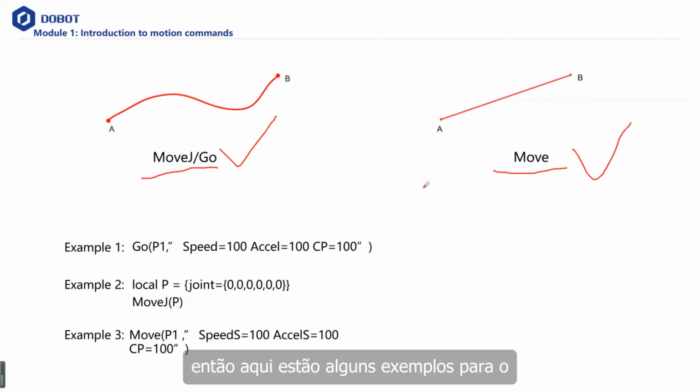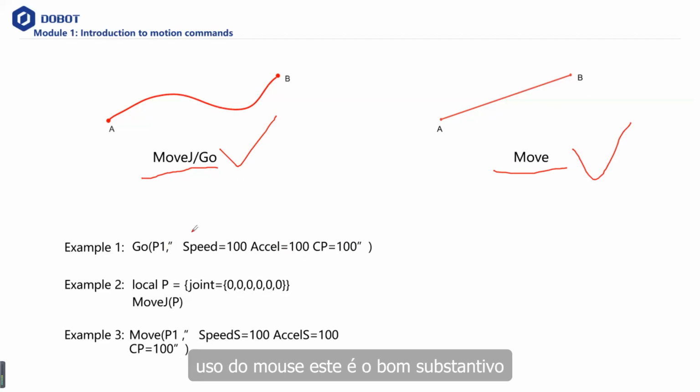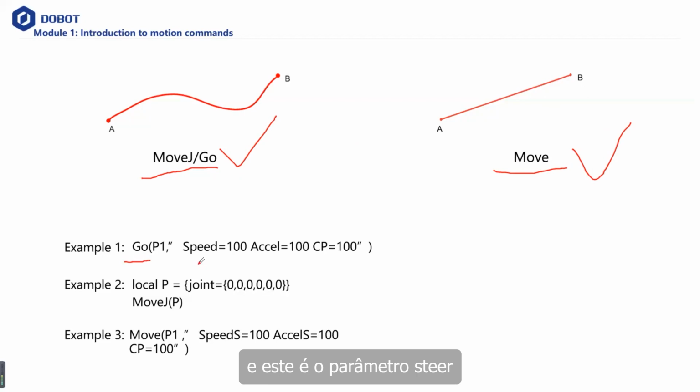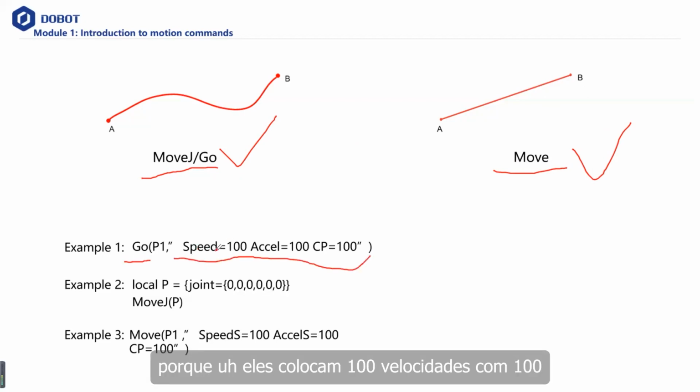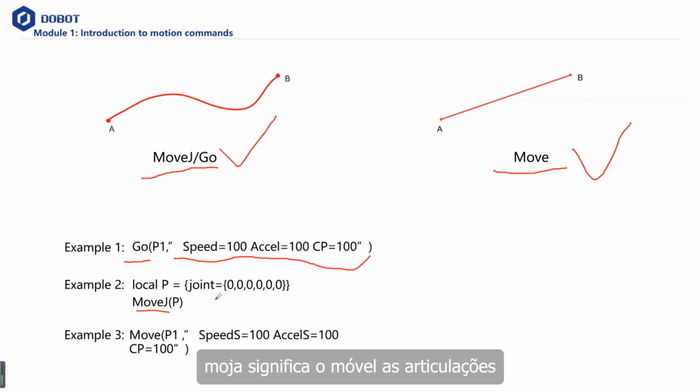So below here are some examples for the use of the commands. This is the Go command, and this is the parameter setting. We put 100 speed, 100 acceleration, and CP 100. And this is MoveJ. MoveJ means the move of the joints.